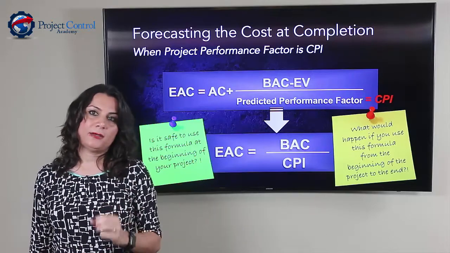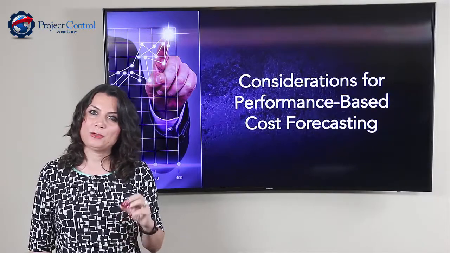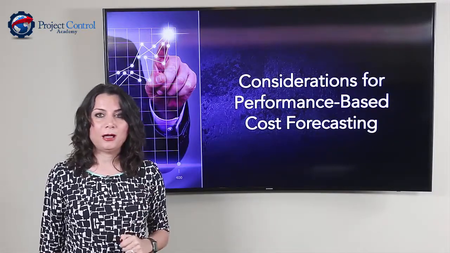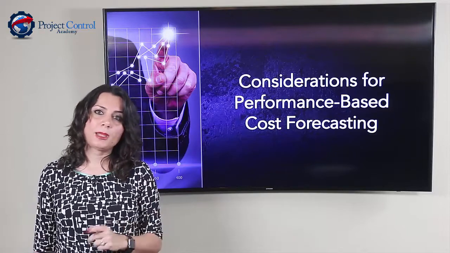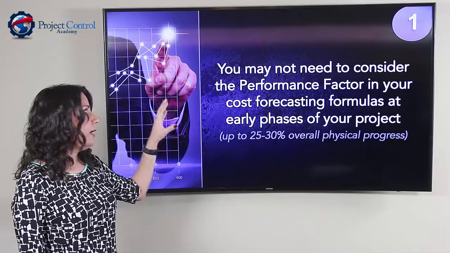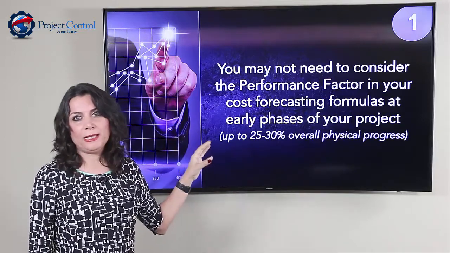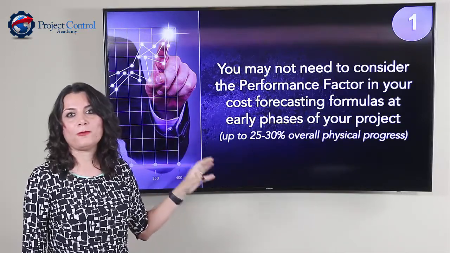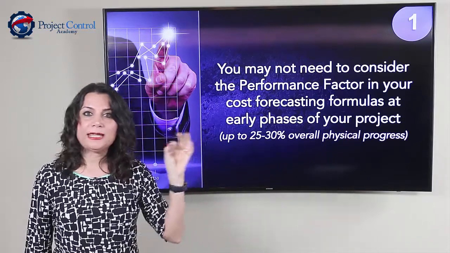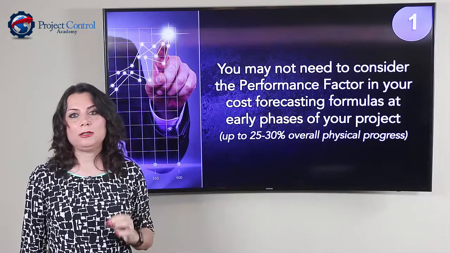So based on this real life example that I brought for you, I would like to make you aware of several points based on my own learning on that project. The first point that I would like to address here is you may not need to really factor your performance into your cost estimate, I mean your EAC formula, early on in your project.